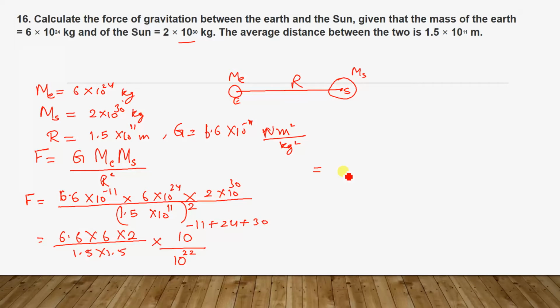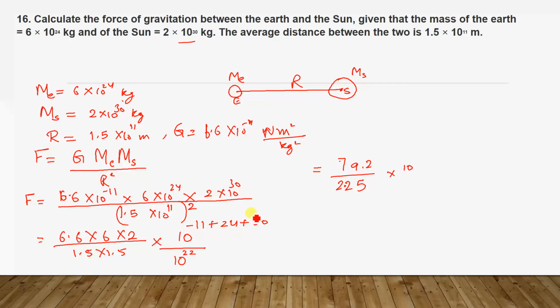For powers, where bases are the same, powers are added, and accordingly we are going to solve it. On multiplying, here I have got the numerator as 79.2 and 1.5 multiply 1.5, yes, 2.25, and here 10 raised to power, we will add 24 plus 30 and subtract 11. What do you get beta?